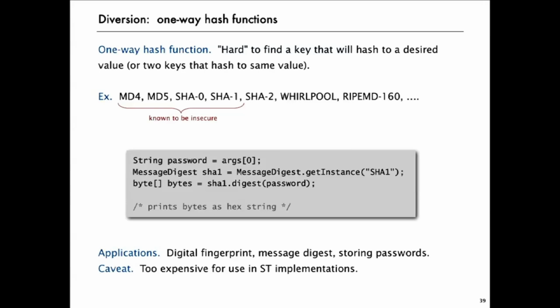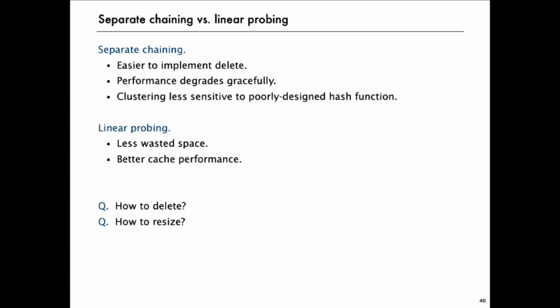And there's been a lot of research done to develop functions that take keys as input and then produce values that look random in such a way that it's hard for someone else to find another key that collides with that. This technology is useful for storing passwords and digital fingerprints and things, but it's too expensive for use in a symbol table.